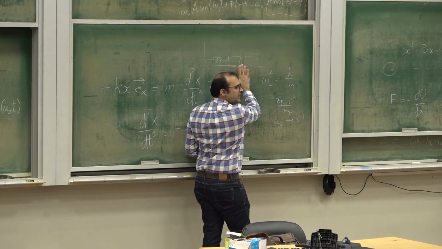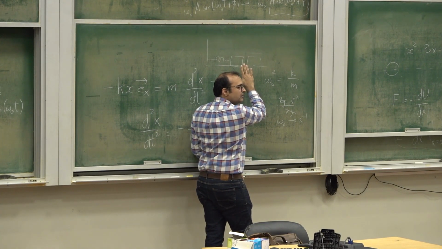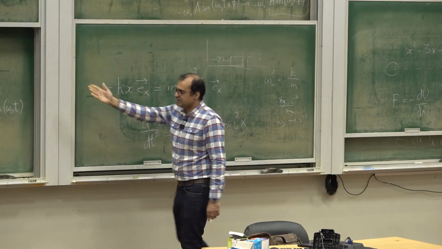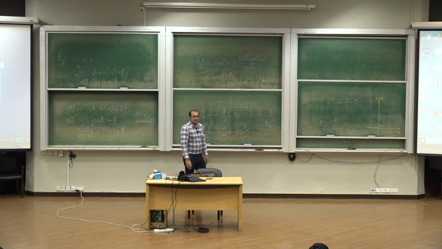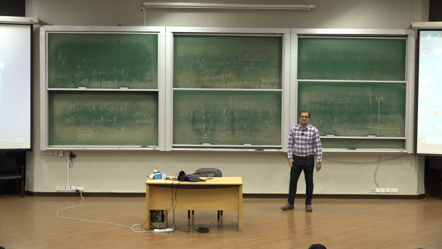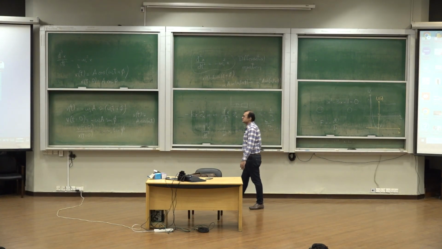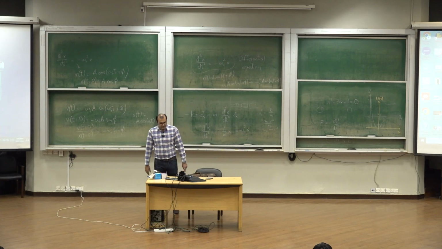It passes through the equilibrium position so that at the instant when you start your clock, x is equal to 0. तो फिर आपका you can show from these equations that you get x of t is equal to a times sine of omega naught t, and so on and so forth. Okay, so the value of phi basically is related to when you start your clock. You saw something similar when we were doing uniform circular motion. Okay.